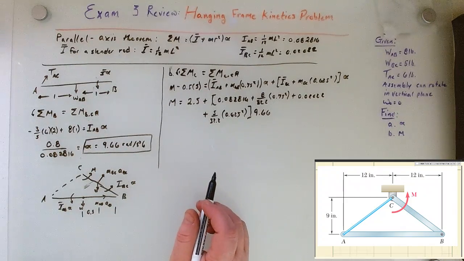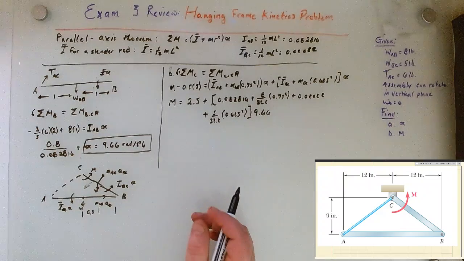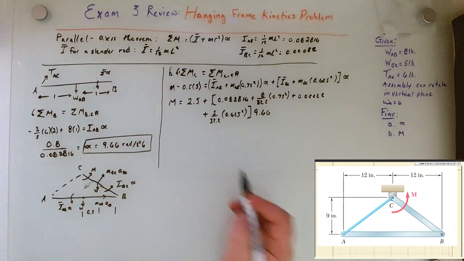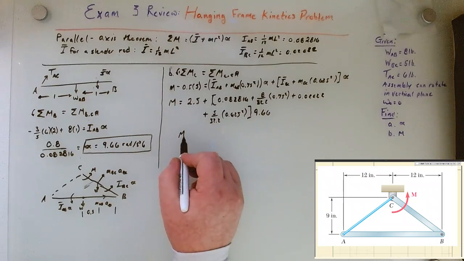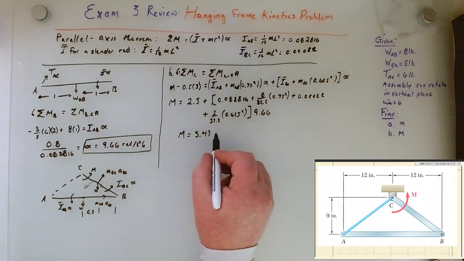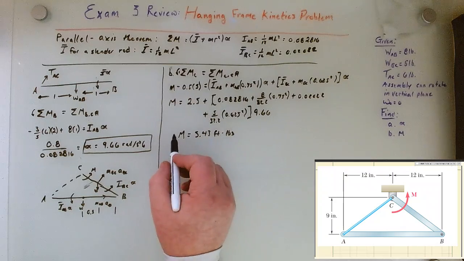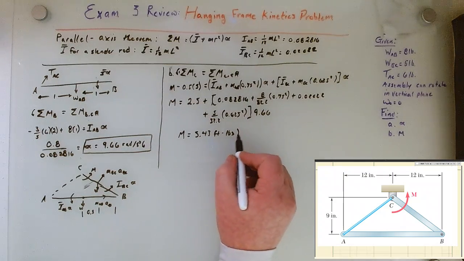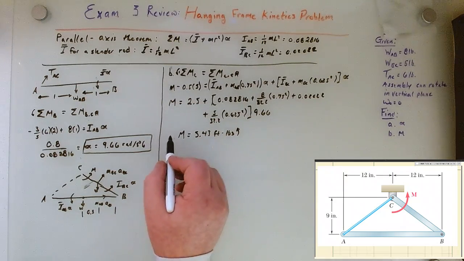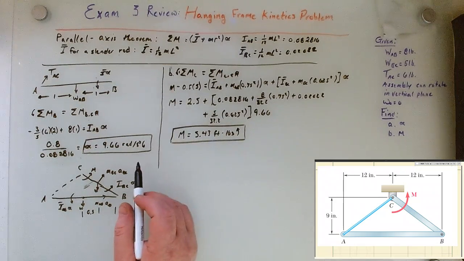Okay, all right, so I calculated this right before I sat down to record this for you, and I got that M is 5.43 foot-pounds, and that is in that direction, right, as you can see from the image right next to me.